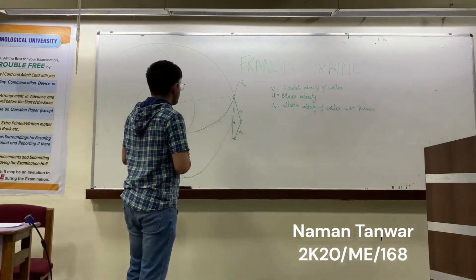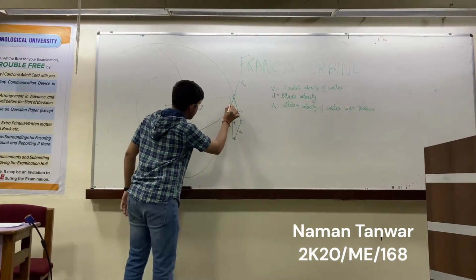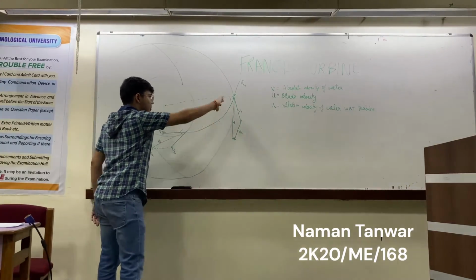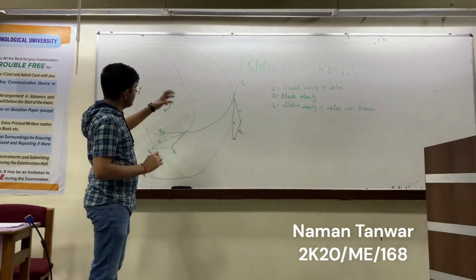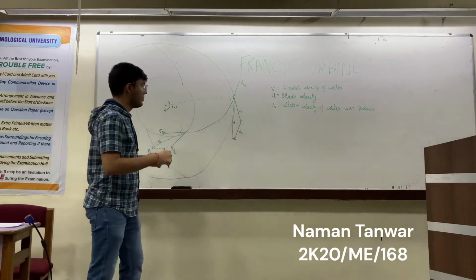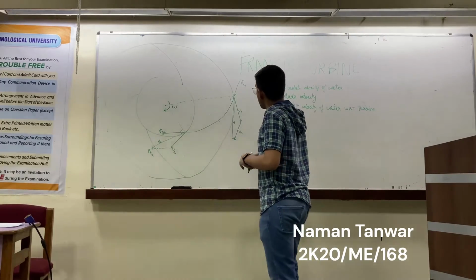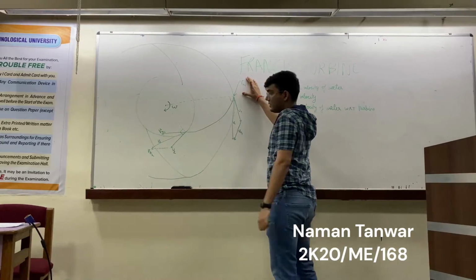So now this is the runner through which the water slides down, and due to the sliding motion of water the turbine rotates with some angular velocity, let's say omega. Now the water enters with the velocity v r.